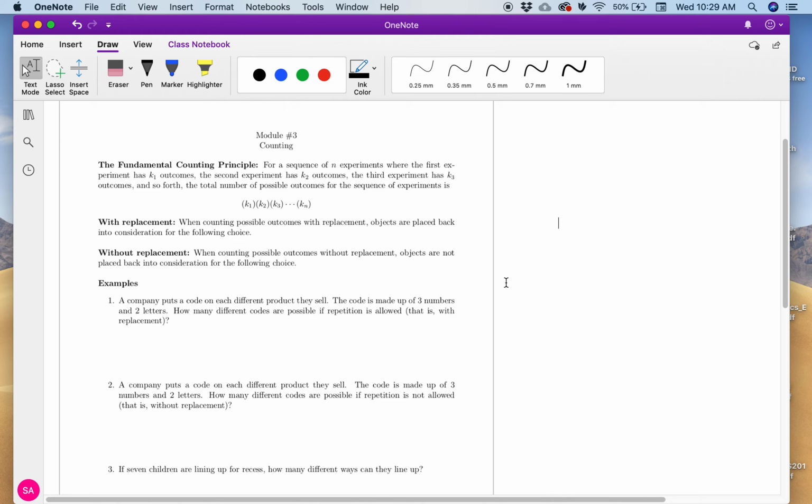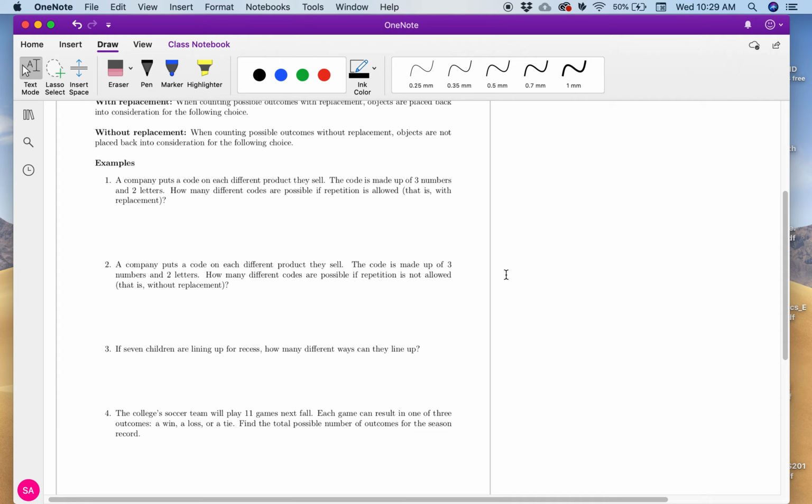So you're still working with the entire sample space that you started with. Without replacement, if you're taking two cards from a deck, you take that first card, you keep it, and then you take that second card. Again, we'll apply this to these examples. If that doesn't quite make sense, it'll make sense in just a moment.